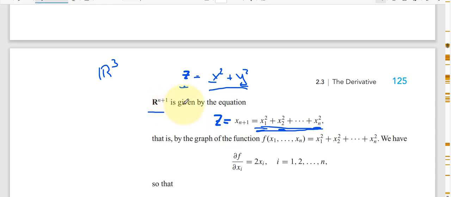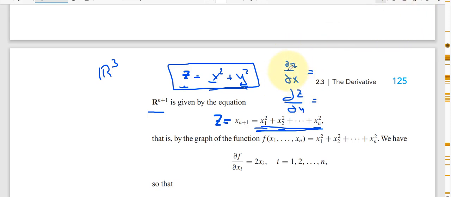So the total space to graph it, or to think about it, is R^(n+1), just like this exists in R3. Now, we know what each of these partials is. This is the partial of z with respect to x, and the partial of z with respect to y. This is just 2x, and this is just 2y.